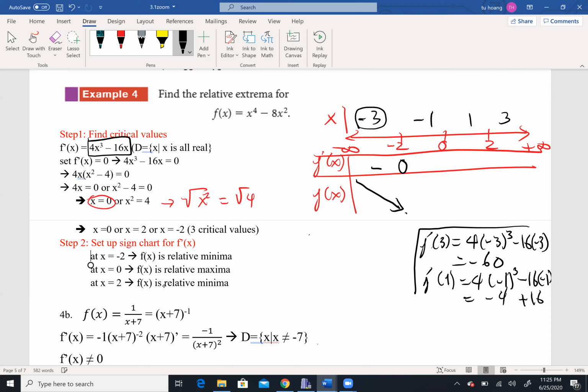So you will have positive 12. Does that mean a positive number? And you can say, oh, it's going up.